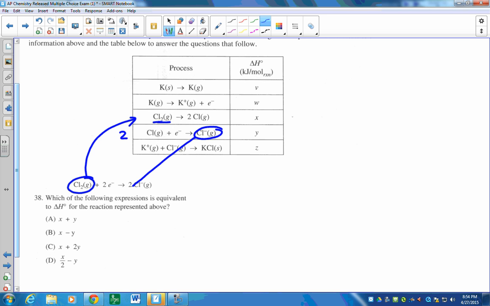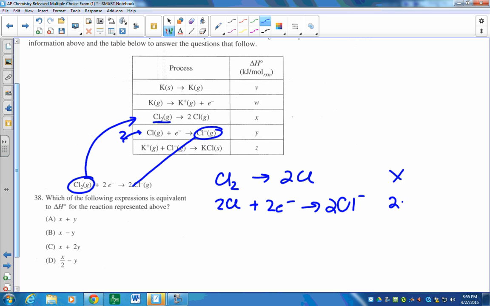So what happens is I'm going to take reaction 1, Cl2 goes to 2Cl, and that's X because I haven't done anything to this. And then this reaction I'm going to double: 2Cl plus 2 electrons goes to 2Cl minus, and this would be 2Y.